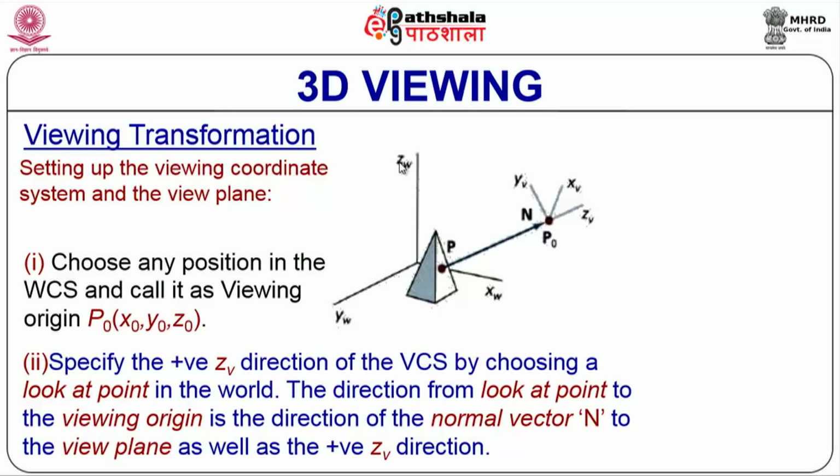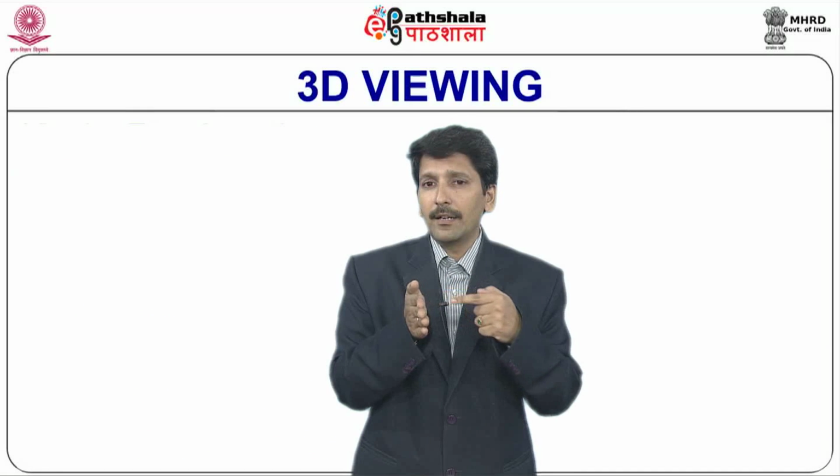So we take a projection of this y direction onto the plane perpendicular to the z direction. Let me repeat: y should be exactly perpendicular to the x direction, and x and y together lie in the plane perpendicular to the z direction.